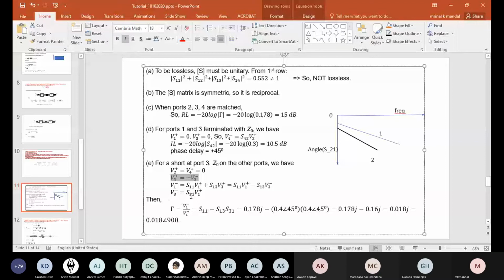No. S33, that is coming out from port 3 and that is not coming to port 1. If we have reflection from port 3, that is coming in port 3 direction, not coming in port 1 direction. You have to consider everything in terms of waves. So we are interested only in what is happening at port 1.